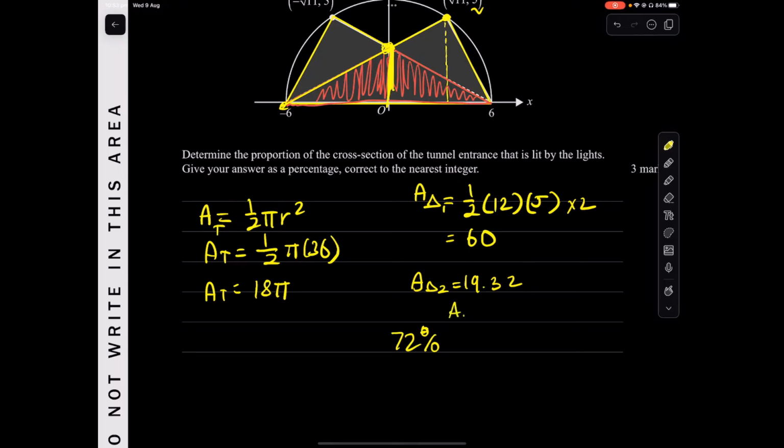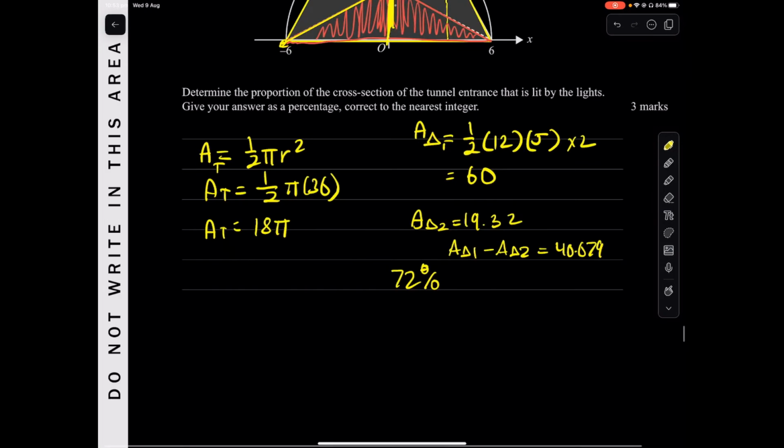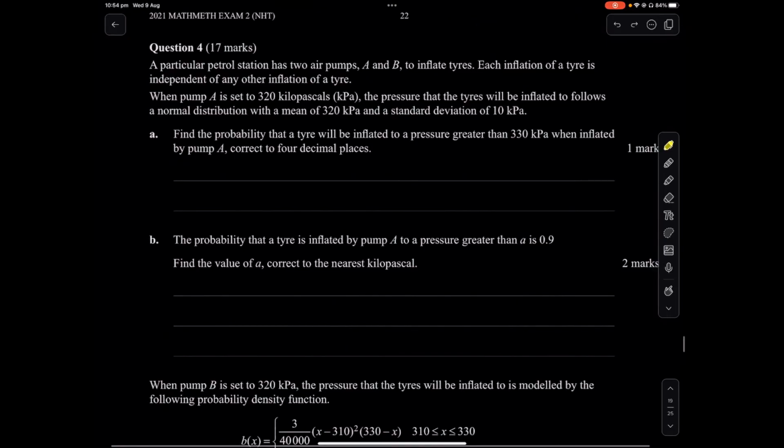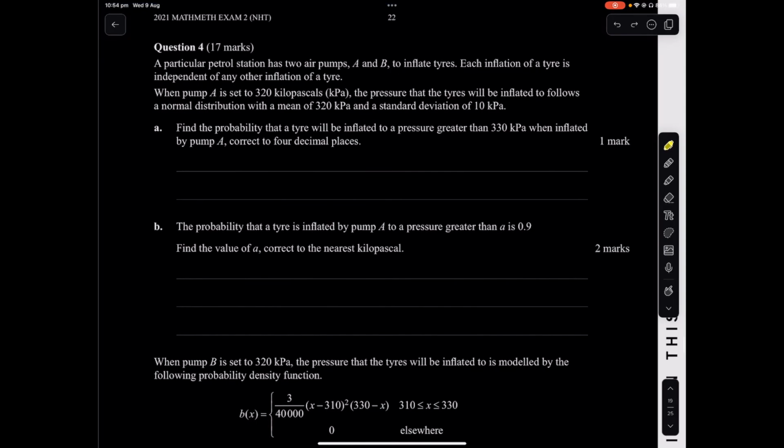And we say 60 minus 19.32, which is 40.679, and then with that, I said 40.679 divided by 18 pi times 100, and it gives me this over here. Yeah, I'm going to move on. That question is a pain. I don't know, it was my calculator. It was just, yeah.